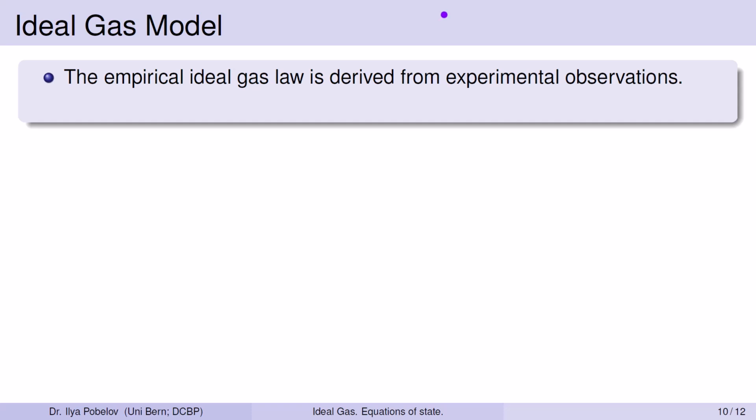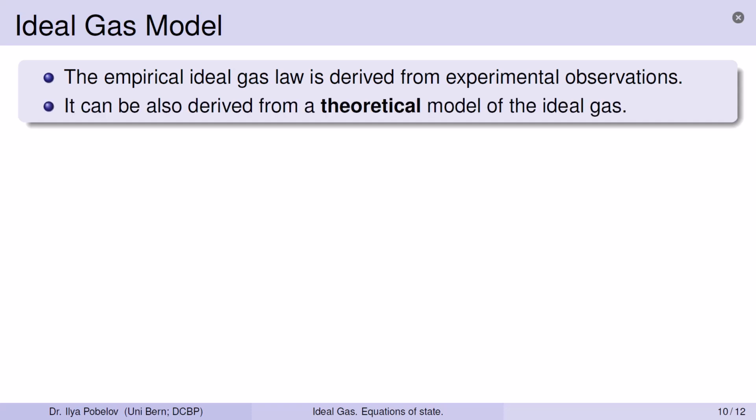The term empirical means that these laws originated from experimental observations. However, the ideal gas law is not solely based on experiments. There is also a theoretical perspective, which offers an elegant and relatively simple derivation of the ideal gas law.